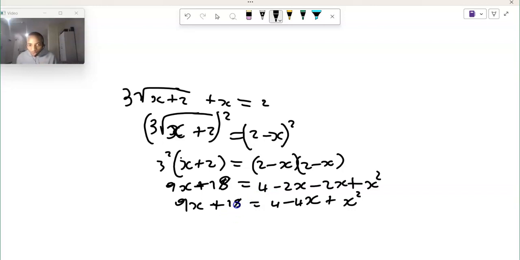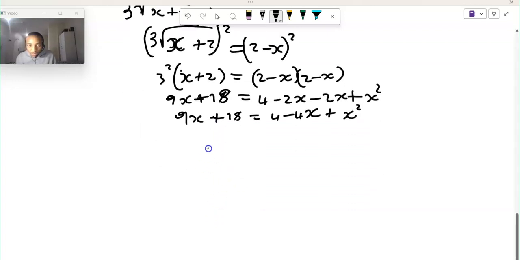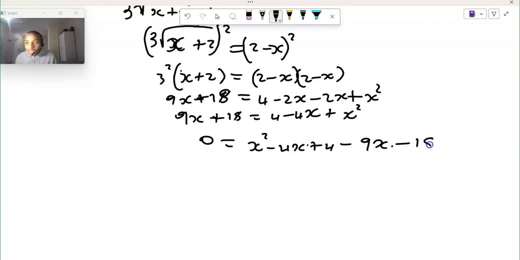So we are going to take all that is on this side and take it to that side, right? So we'll be left here with 0 is equal to x squared minus 4x plus 4 minus 9x minus 18, right?